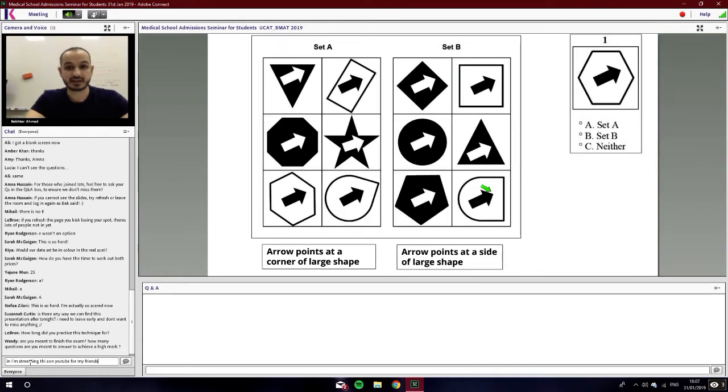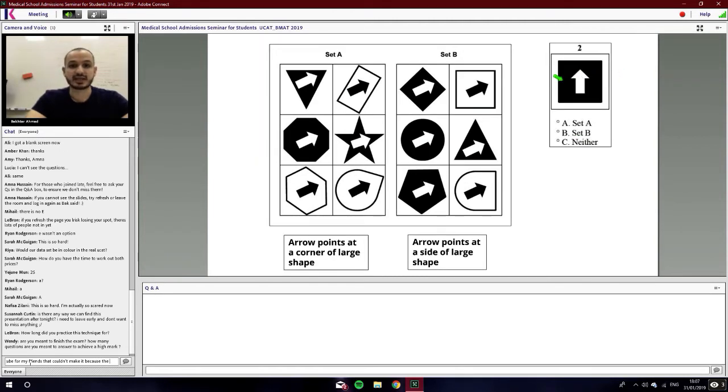And now let's have a look at test shape 1. We've got the arrow pointing to the top right, so that's good, and it's pointing to the edge, so that must be B. Have a look at the next one. Straight away we can see this is odd, isn't it? It would not fit into either A or B because it's just pointing up. That does not fit the pattern, therefore it must be neither.